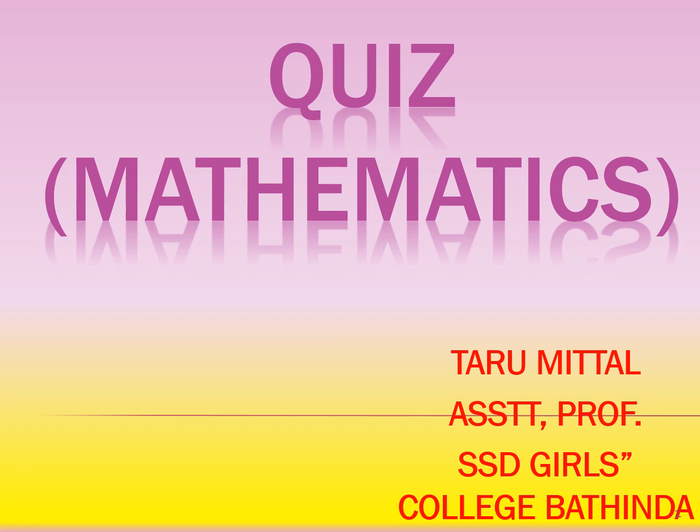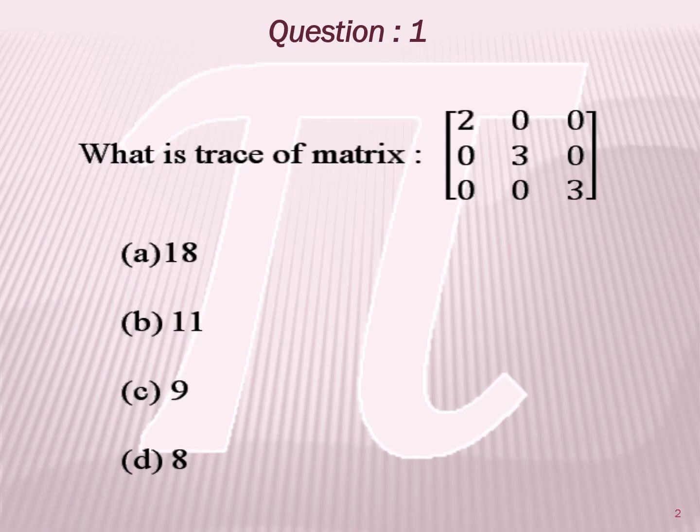Now we are going to start our quiz with my first question. First question is, what is the trace of the matrix shown on your screen? Option 1, 18. Option 2, 11. Option 3, 9. Option D, 8.